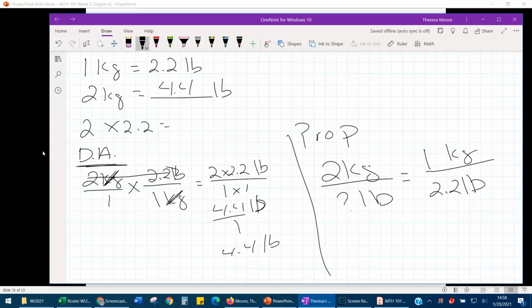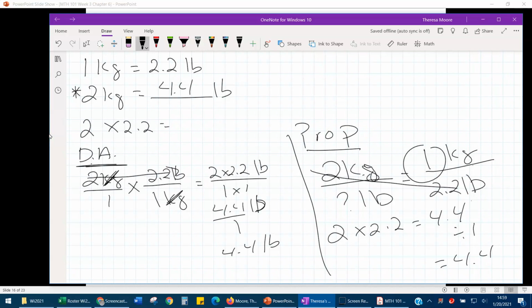So remember, units match across the top and bottom. Cross multiply, so I have 2 times 2.2, which gives me 4.4, divide by 1, and I still get 4.4. So this is my kind of shortcut multiplication method. Here's the dimensional analysis method. Here's the proportion method. So you do not have to know all 3 methods.